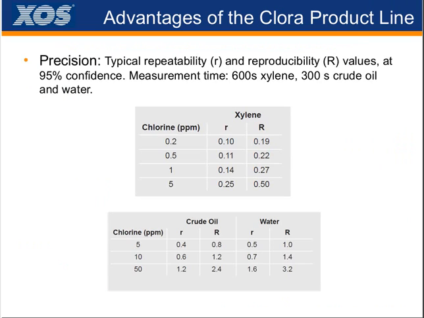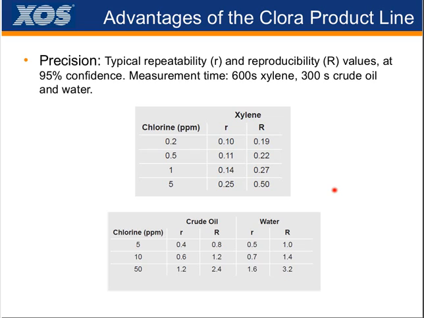So a few more advantages of the Clora. This data is going to be a little more specific to the 2XP, and this really comes right off the brochure. You can see here our improved little r and big R. And while it may not look like as much on paper as you're probably thinking, if you compare one against the other, you really do see a difference.